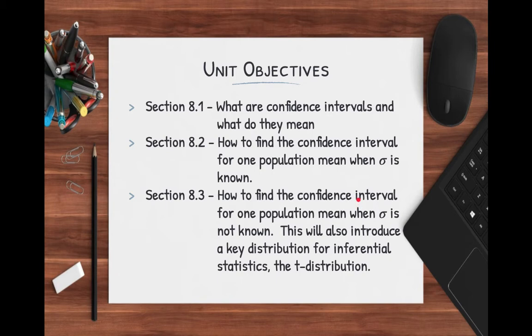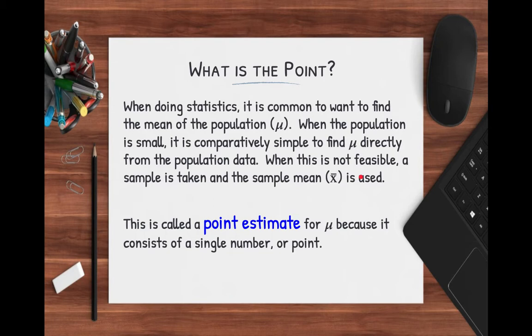So this is getting us into predicting. Again, we're using our sample to predict something about the population. We're focusing on the population mean here. So, as I say, very often we are trying to find that mean value, that center, that average as we sometimes want to call it. We want to find mu.